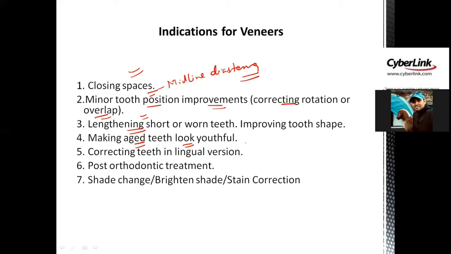Correcting teeth in linguoversion, we can make them appear buccally. Post orthodontic treatment: sometimes, because of orthodontic treatment, there may be discoloration or non-vitality of the tooth, so we can change the appearance. Shade change, brighten shade, and stain correction.